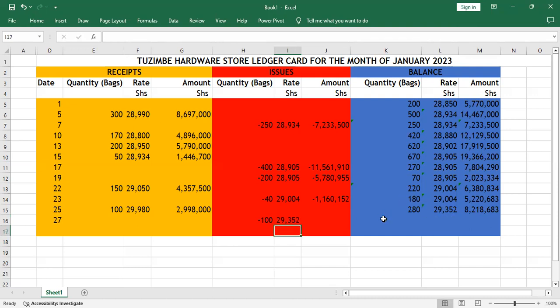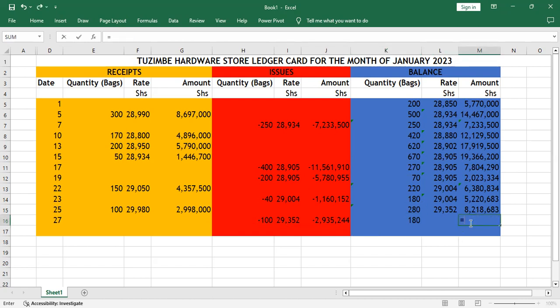We multiply to get the cost of this issue. Remember, when you issue out, the balances have to be updated and will reduce. So we have 280, but we issued out 100. So we have 180 units.